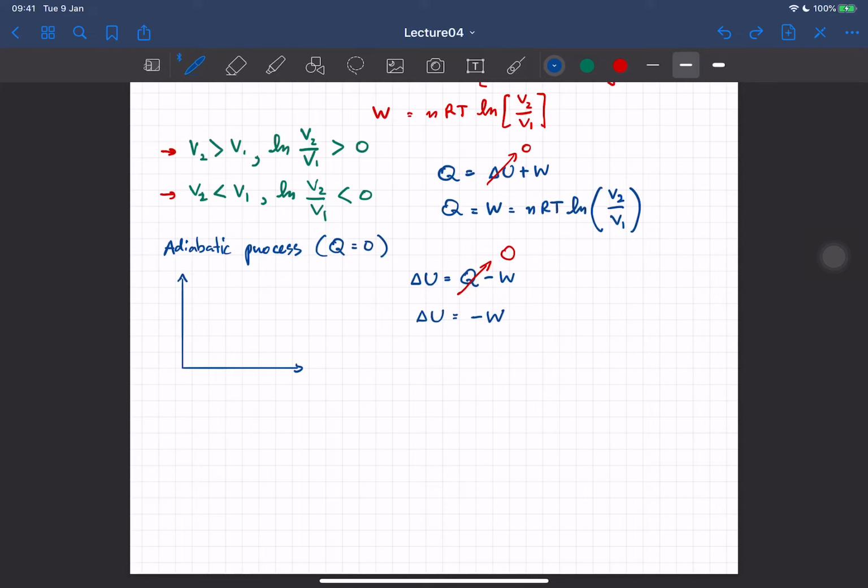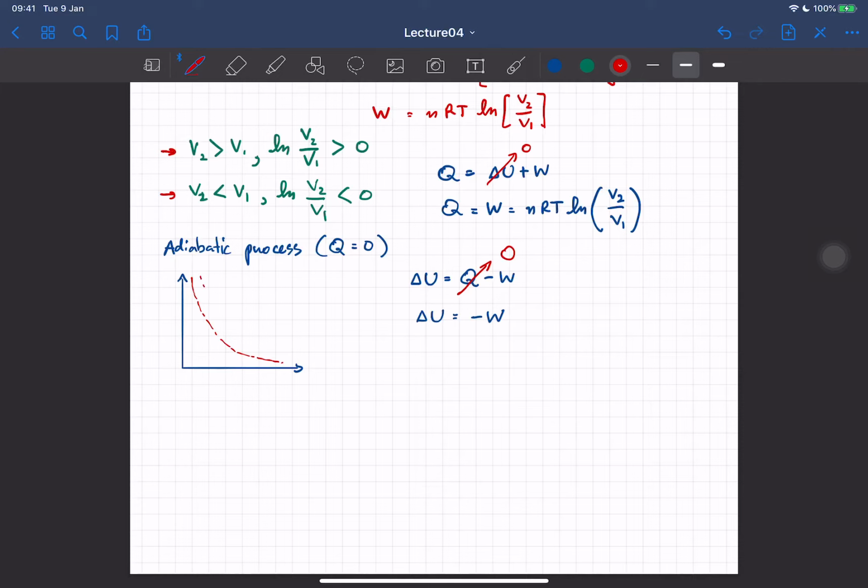Adiabatic process is also a process where the line on the PV diagram is not a straight line, so it's also a curved line. Usually we're going to compare adiabatic process with isothermal process, right? So what I'm going to do is draw two isotherms as dashed lines, one here and another one here.